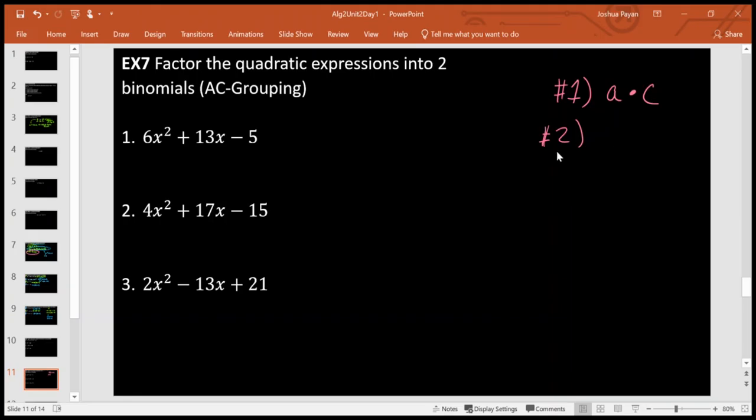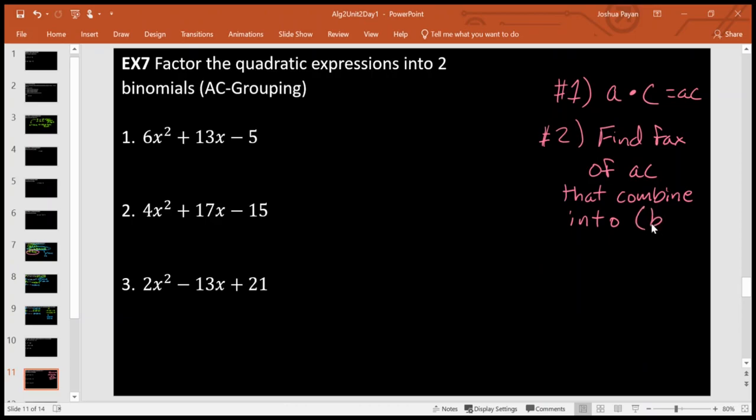Anyway, step two is to find the factors of AC, or A times C, right? A times C is just AC. Find the factors of AC that combine into B, right? And that should be kind of familiar. That's kind of following along the same lines of what we did in fill in the blank.